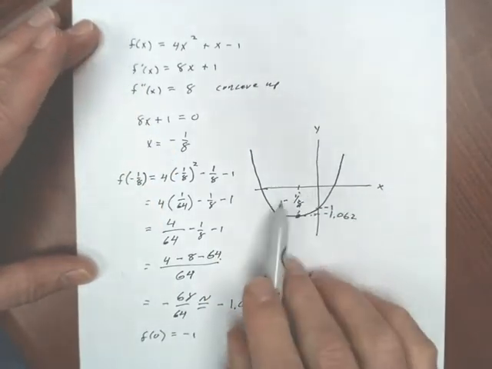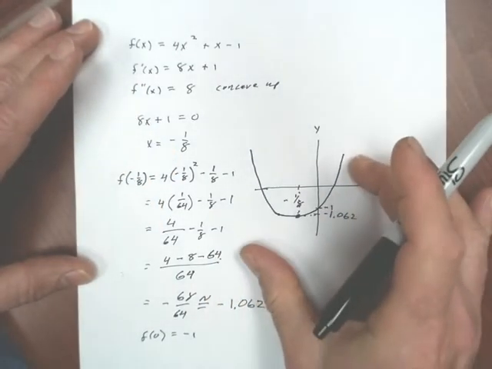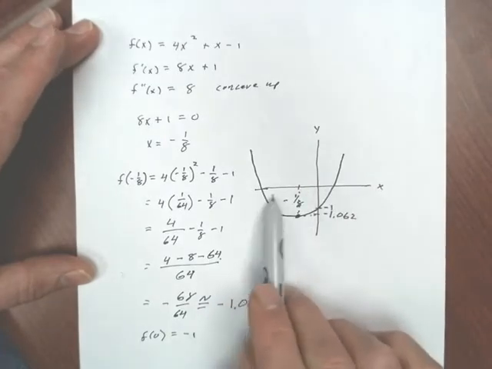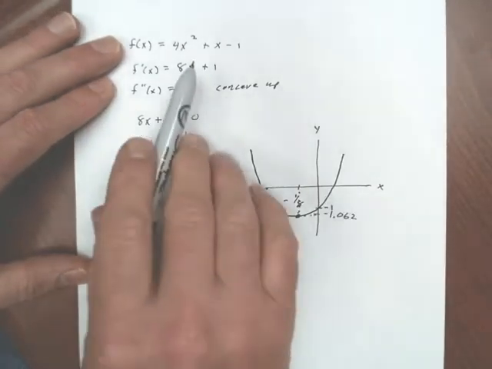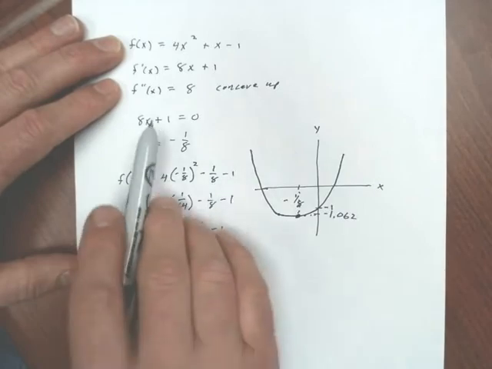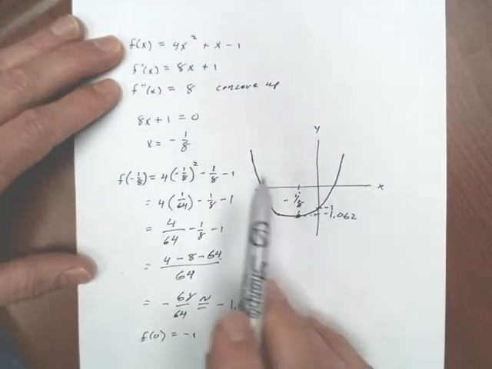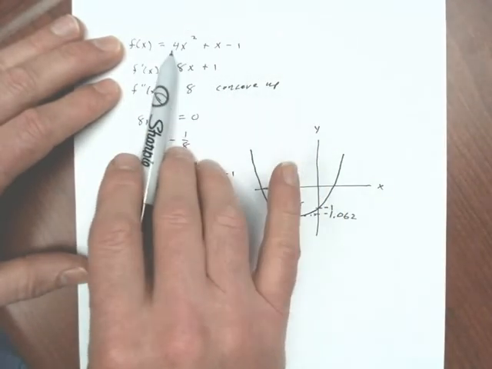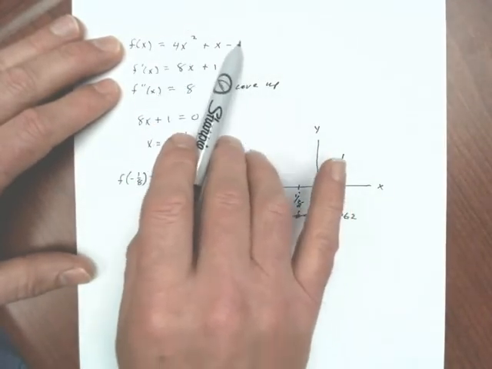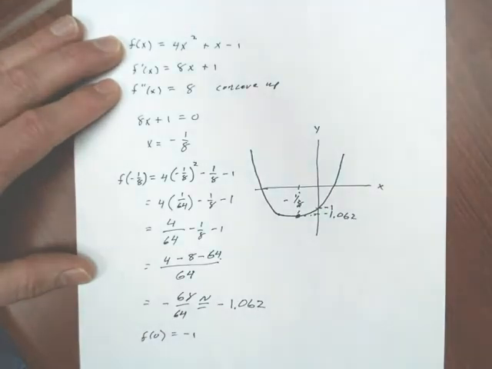Okay, so now let's tighten this graph up a little bit, and let's get our two x-axis intercepts. How do we do that? Well, you remember way back when, we're going to set that equal to 0 and break out the quadratic formula.